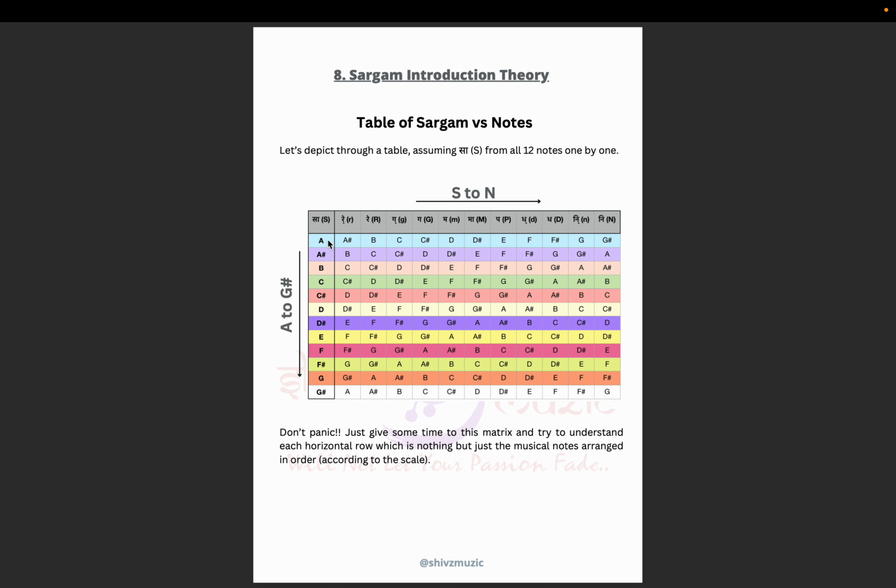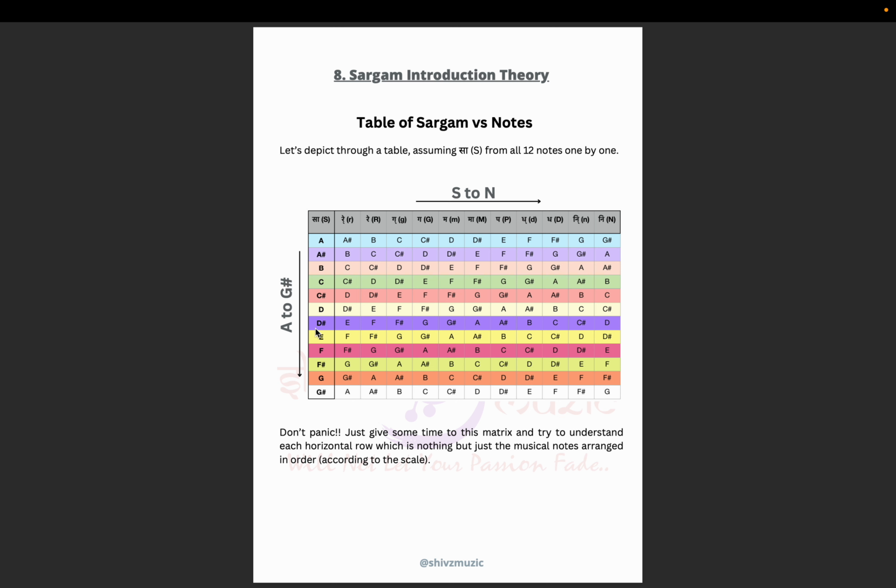So if I write down A scale, then the notes according to A scale will be A sharp, B, C, C sharp, D, D sharp, E, F, F sharp, G, G sharp, like this. So if my Sa, the first note in Hindustani music, is A, then according to it, Re Komal swar will be A sharp, Ma Shuddh swar will be D note, Dha Komal swar will be F note.